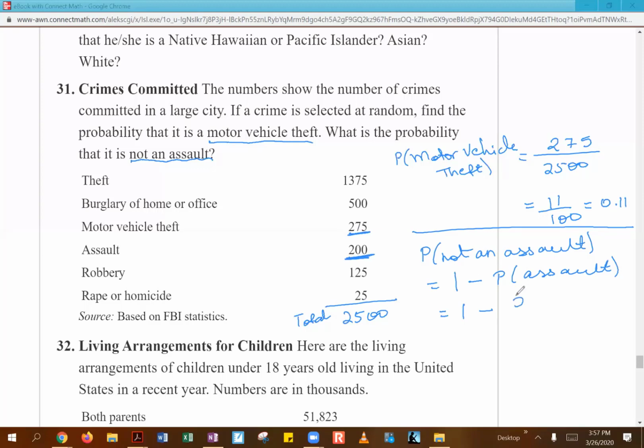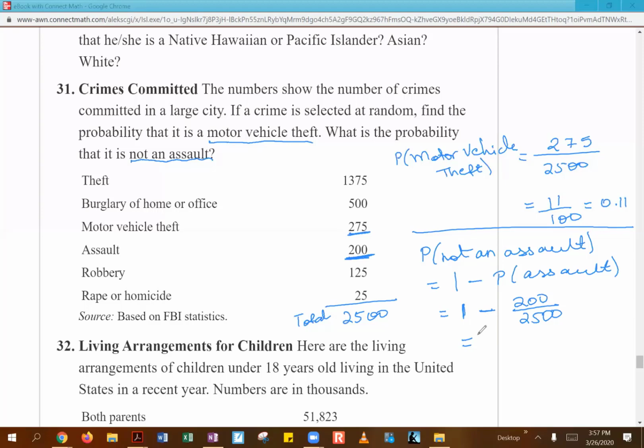So you're going to do 200 out of 2,500, and whatever this fraction comes out to be, you're subtracting that from 1. So let's see, what does that come out to be? That's going to be 1 minus the fraction 200 divided by 2,500.